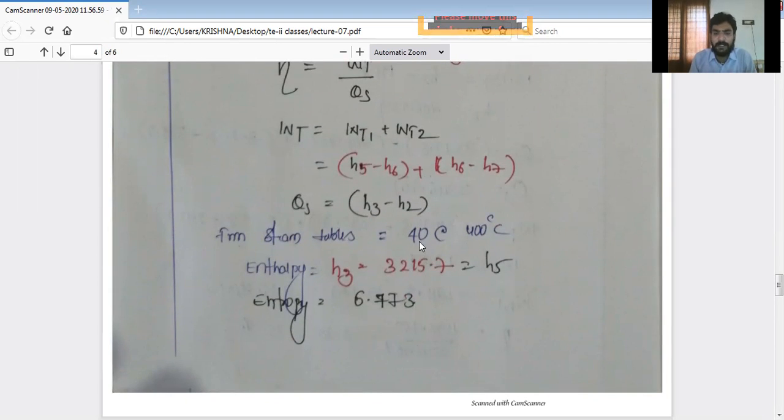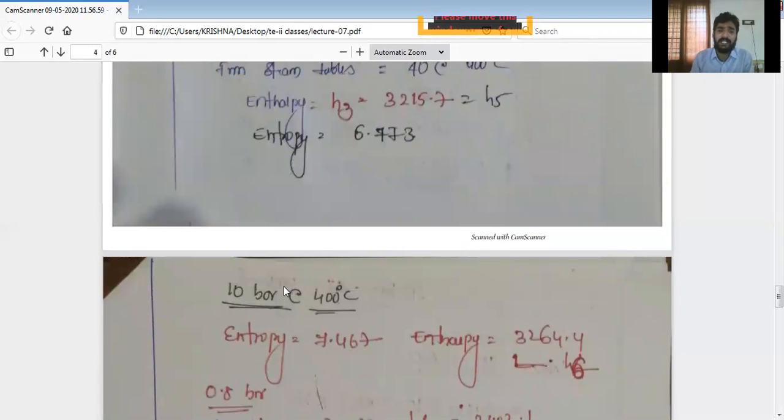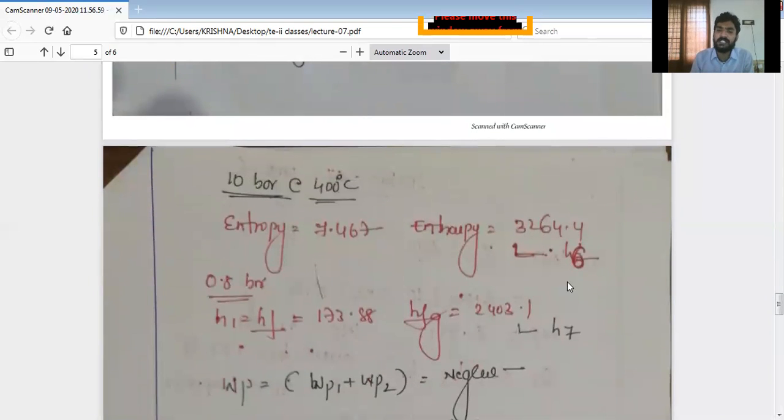At the respective state, 40 bar and 400 degrees, the enthalpy is 3215.7 and entropy is 6.773. Similarly, I took from the state 10 bar pressure and 400 degrees, the entropy is 7.467 and enthalpy is 3264.